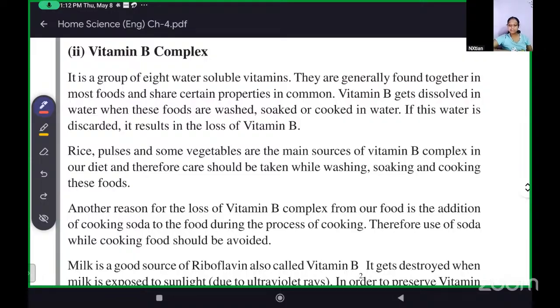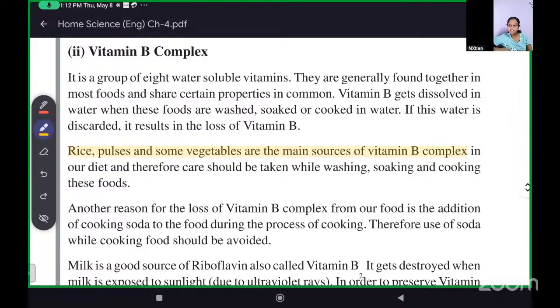Rice, pulses, and some vegetables are the main source of vitamin B complex. Now, rice is washed 2 to 3 times before we prepare it.